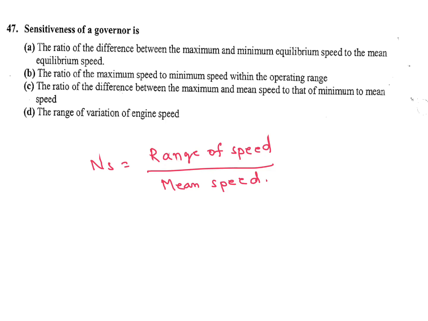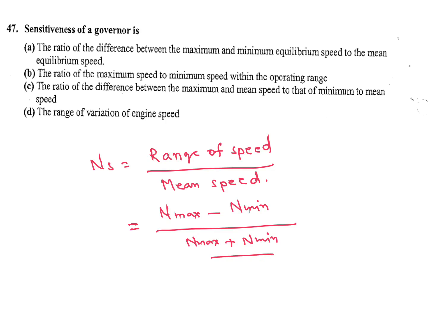Range of speed is N maximum minus N minimum, maximum speed minus minimum speed, divided by mean speed, which is N maximum plus N minimum divided by 2. So N max minus N min divided by mean speed. This is our sensitiveness for load.